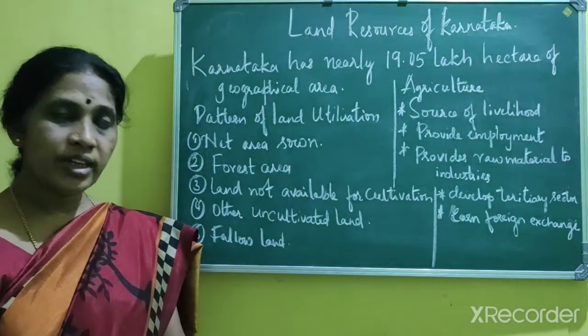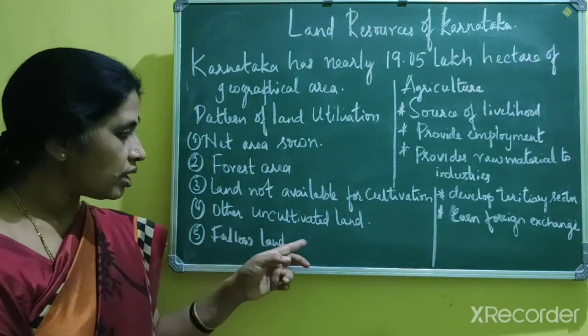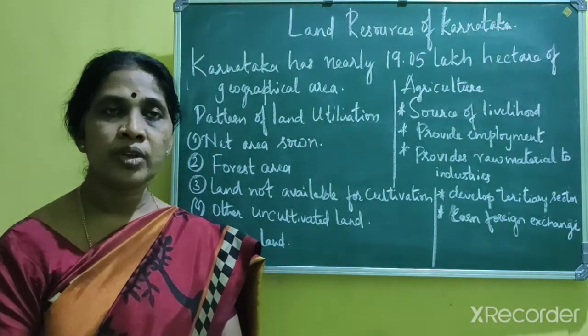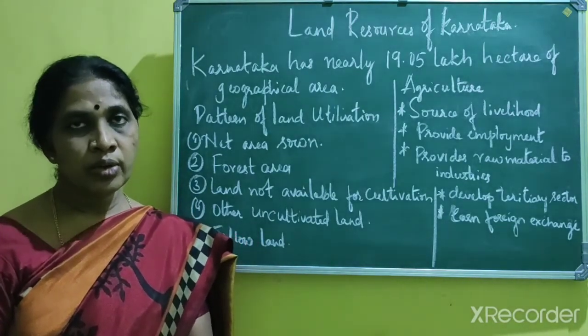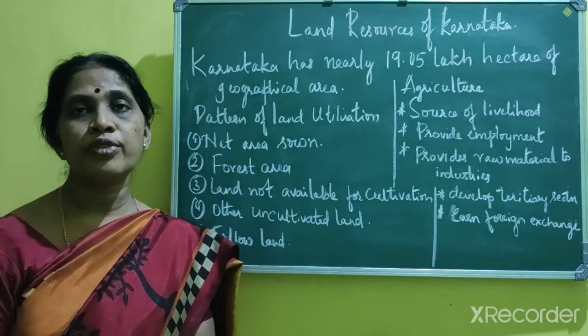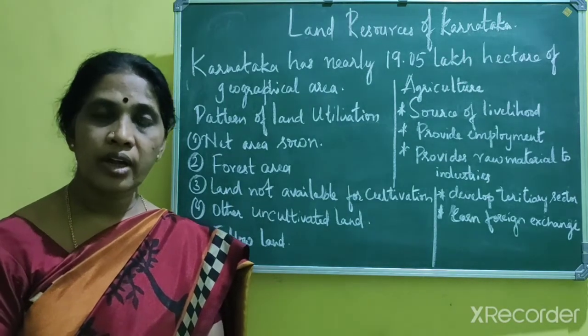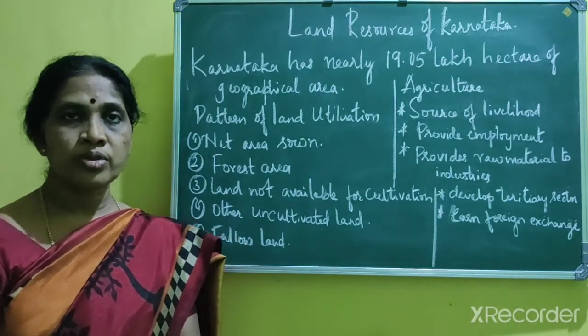Now we'll go to the next category, other uncultivated land, which basically includes land left for grazing and for trees and groves. Understood?